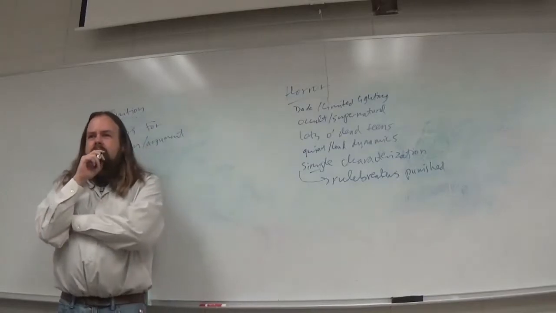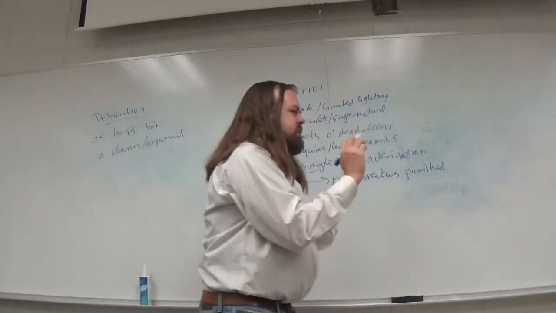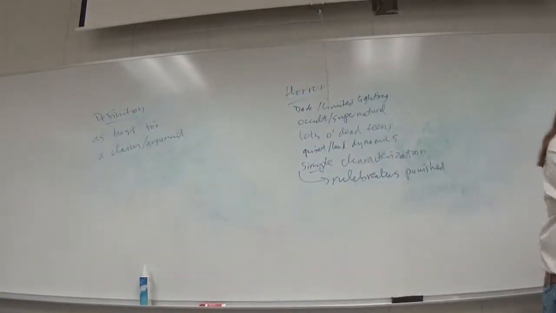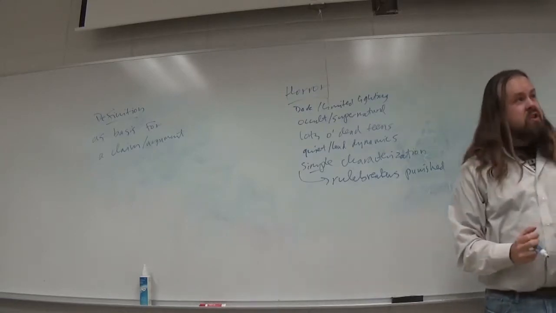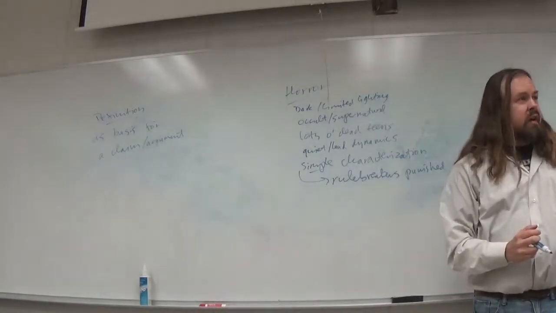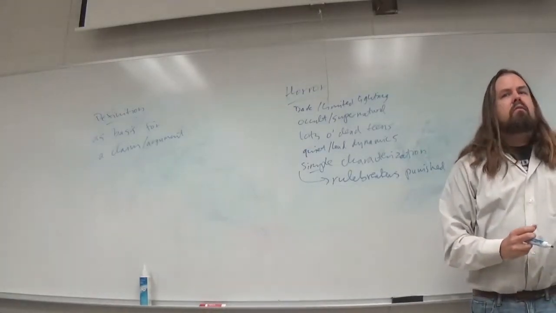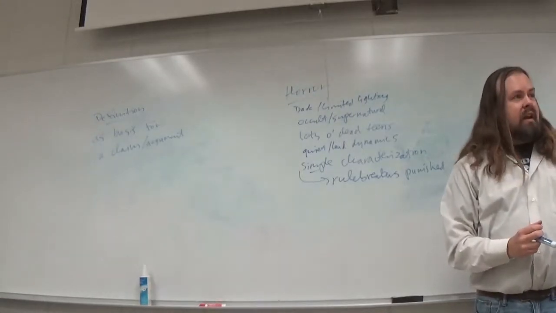Now, what about the villains in horror movies? What are the villains usually like? Okay, vengeful. Yeah, there's often some kind of motivation there, right? They want revenge for something. Rarely are they completely unmotivated in their violence.